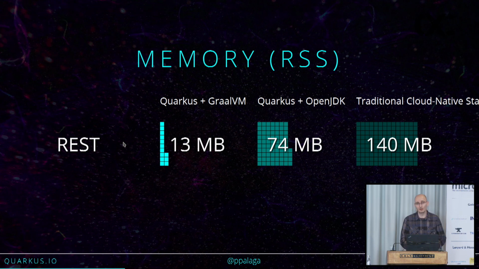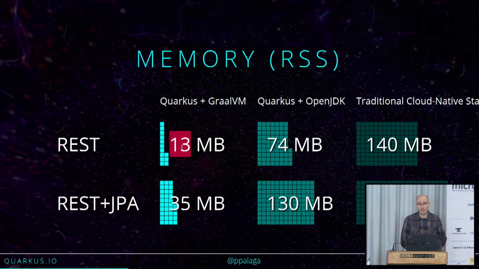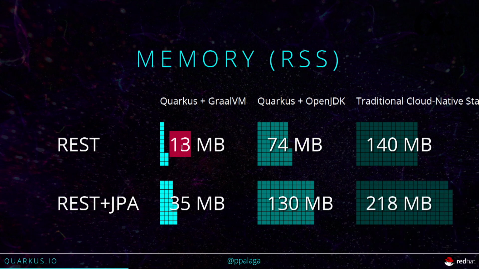If you run it in the JVM mode, it's a bit more, but it's still around a half compared to the traditional cloud-native stack. If you compare the traditional cloud-native with this one, it's about a factor of 10. Nice. If you add JPA with Hibernate, the numbers look a little bit different, not as good, but still quite impressive. The ratio here is about 6 times better. Okay?